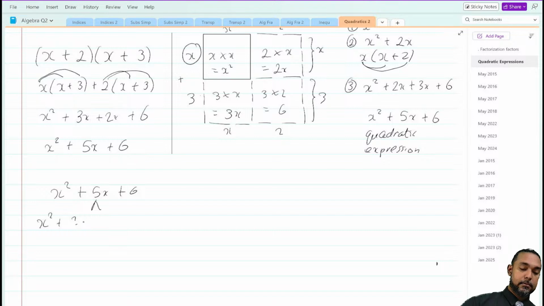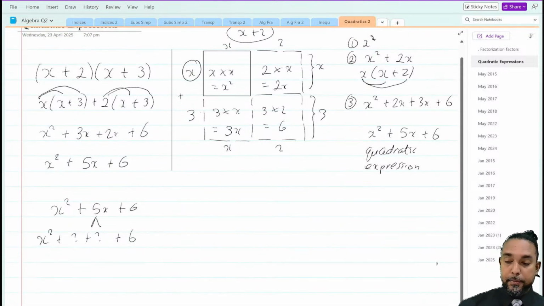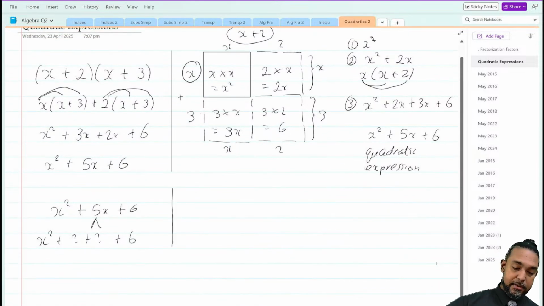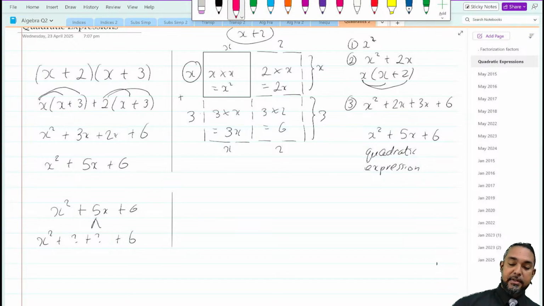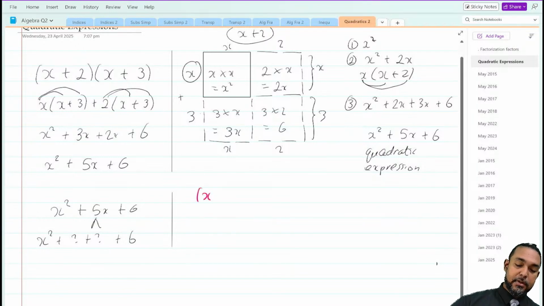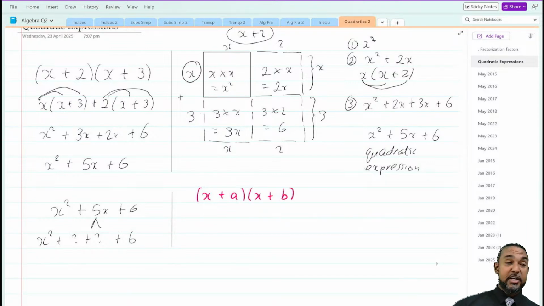Correct. So how do we know? So you're correct. If we considered the following, let's say we used algebra, x plus a multiplied by x plus b. As we know, x by x will give us x squared. x by b will give us bx, a by x will give us ax, and a by b is necessarily ab.